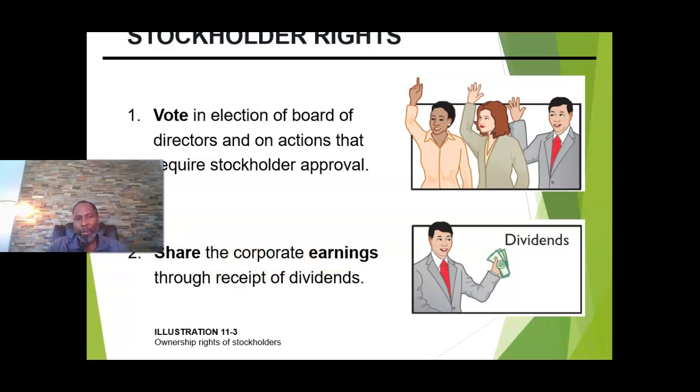So when a company earns a profit, they may decide to share a portion of the profit with the stockholders in the form of dividends. And it makes sense because if you are a stockholder, you are a part owner of that organization. So if the company makes a profit, we're saying, where's my cut? Those are called dividends.